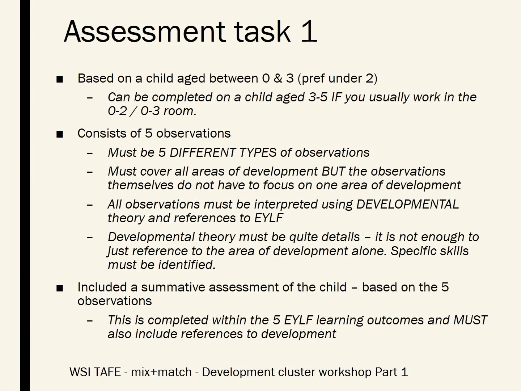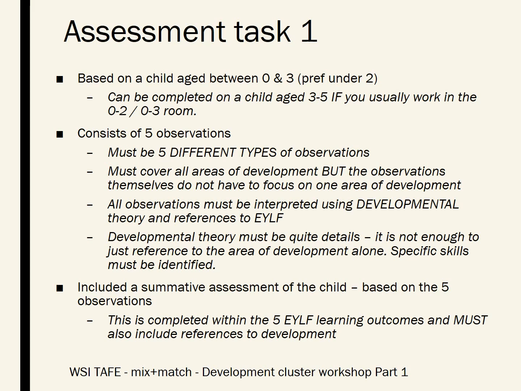The task 1 is based preferably on a child aged 0 to 3. Now this is where we get flexible. If you work in the 0 to 3 room on a regular basis, then I want you to base 1 and 2's tasks on a child who's in the 3 to 5 room.